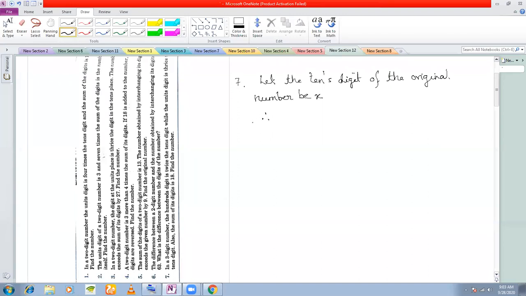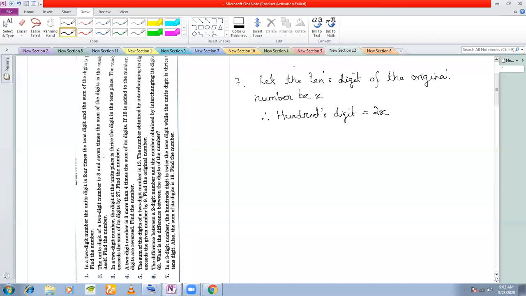So therefore, what is the hundredths digit? If you read the problem, it is given that the hundredths digit is twice the tenth digit. So the hundredths digit is 2x.